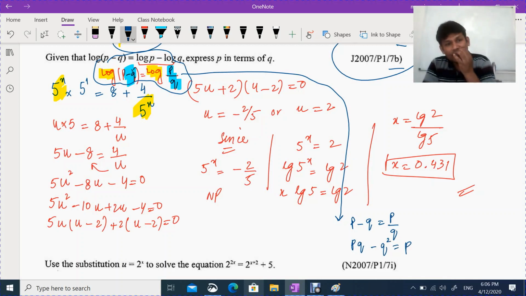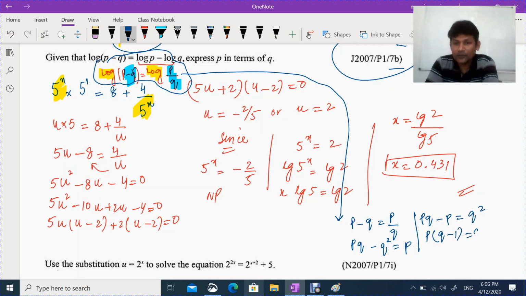Okay, I want to write p as the subject, so p is two times. Whenever the subject is two times, we have to write both on one side, like the left hand side, and this q will become q square positive. Now take p common. When you take p common, this is q square, and finally p is q square upon q minus 1, and we have done it, right?